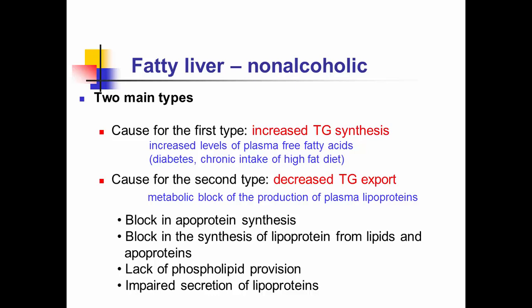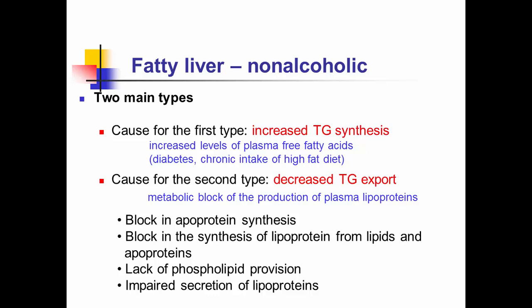Okay, so the cause for the second type of fatty liver disease is decreased triglyceride export. Some conditions can cause decreased triglyceride export. Triglyceride is synthesized but cannot be removed from the liver.